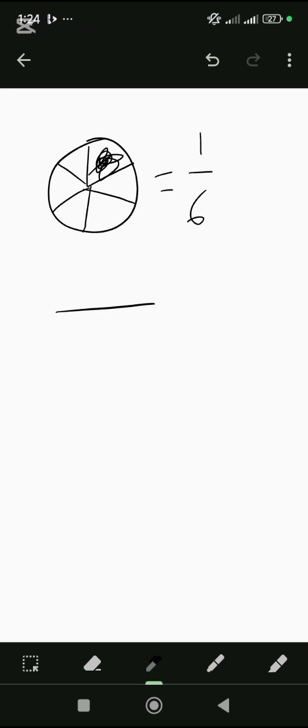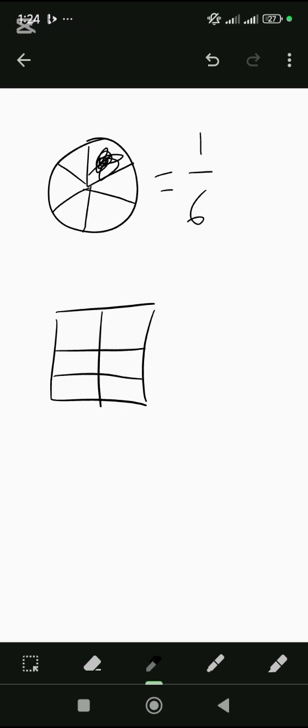If you have a square and one part is shaded, how many parts do we have here? 1, 2, 3, 1, 2, 3, that's 6, and this will be 1/6 also.